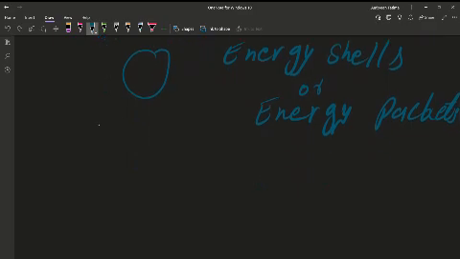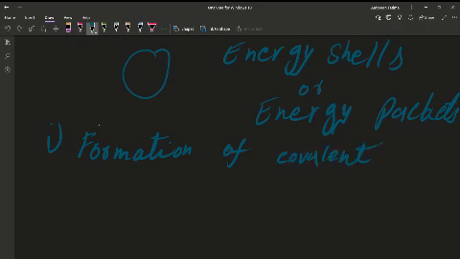So it is based on the formation of covalent bond, and this covalent bond is because of the presence of outermost electrons in the outermost shell.